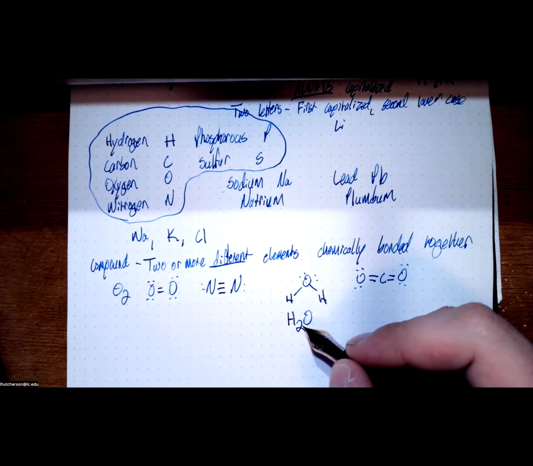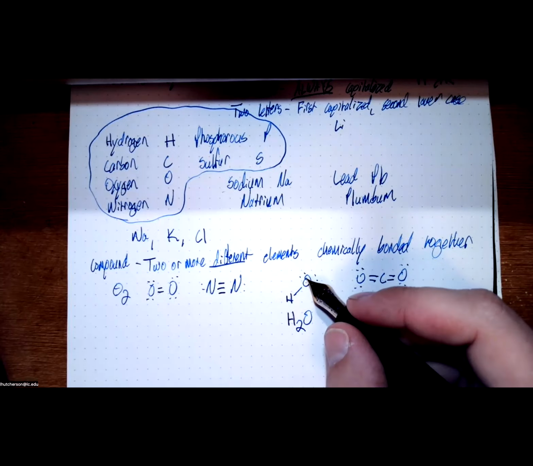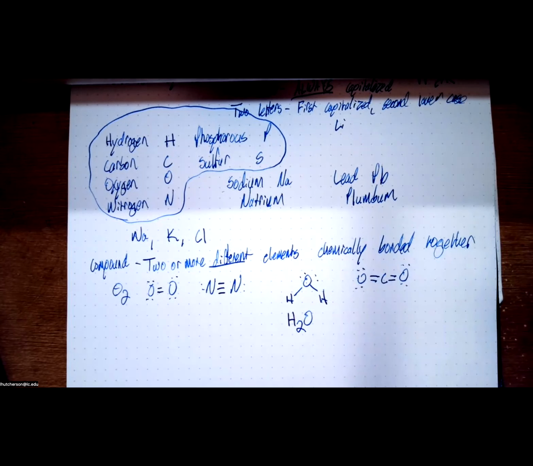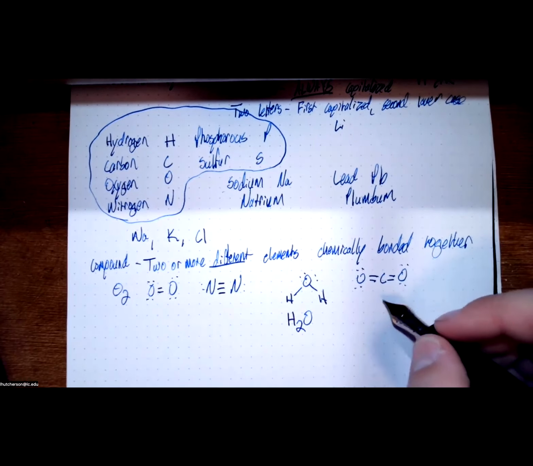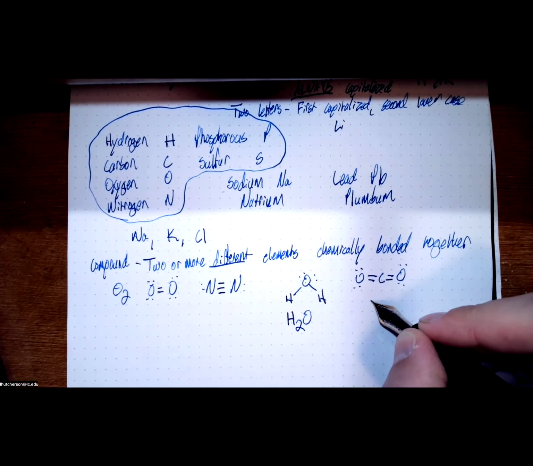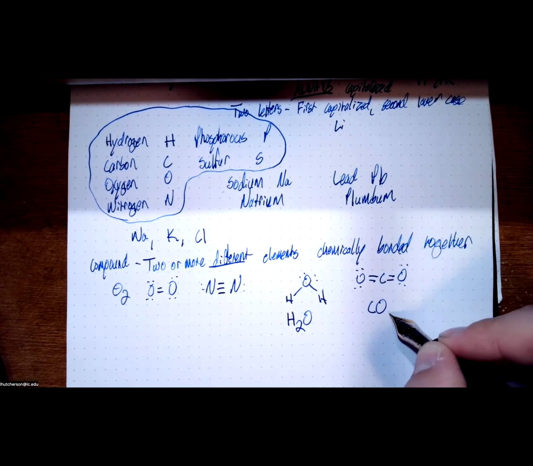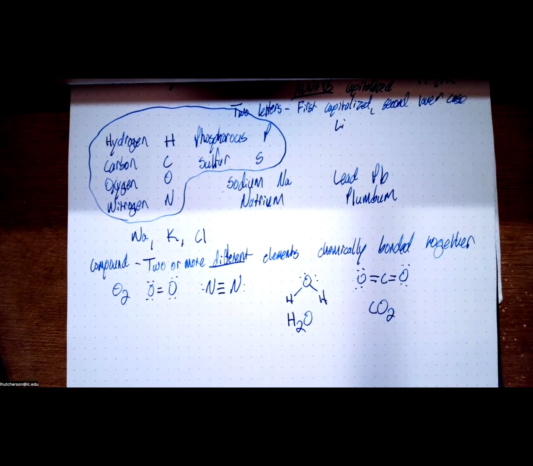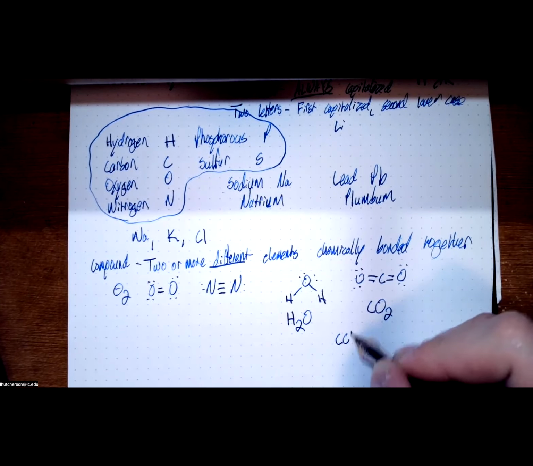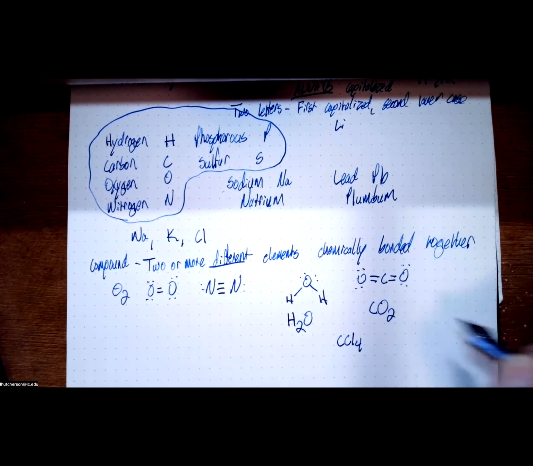So H2, and then O. We only have 1 O, so we don't put anything there. We don't put a subscript on it. CO2, similarly, we have 1 carbon, we have 2 oxygens, so CO2. We could have the compound carbon tetrachloride, which we write CCl4. Okay.